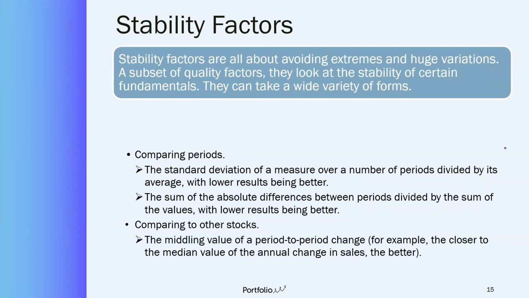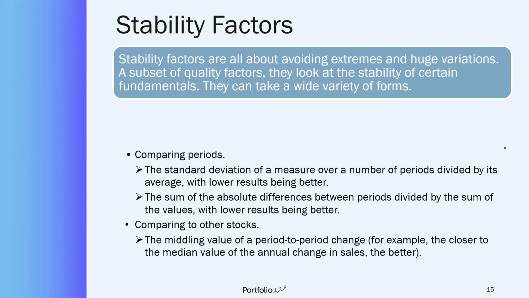The other totally different way to look at stability is just to compare your stock to other stocks in terms of a change, a period to period change. So, for example, you could say that the median value of the annual change in sales, the closer your company's annual change in sales is to the median value of all companies, or all companies in that industry, or all companies in that sector, the better.